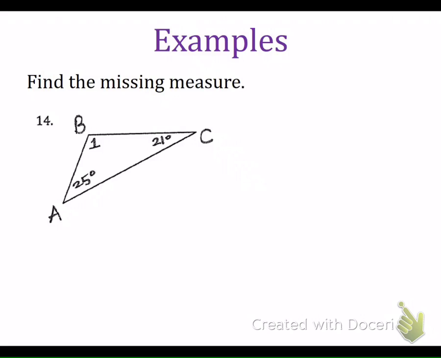What'd you get? How'd you get 134? I added those two. Good. We got two interiors. We're looking for the third interior, so we'll do 180 minus, minus. That is correct.